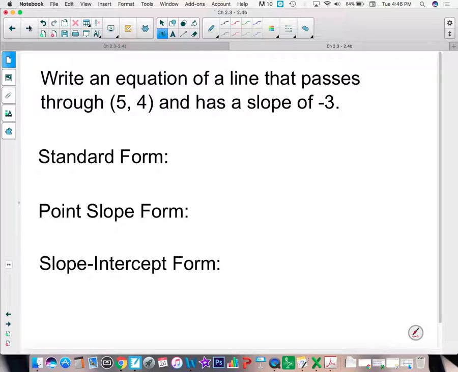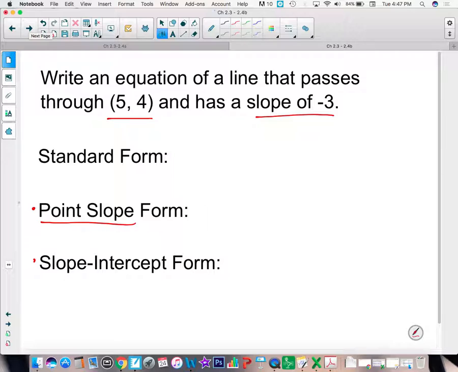We're given this point and a slope of -3. Remember, we would start with either finding slope-intercept form or point-slope form. I think the easiest one is to do point-slope form, because this is going to be our x1, that's going to be our y1, and we're just going to plug stuff in.